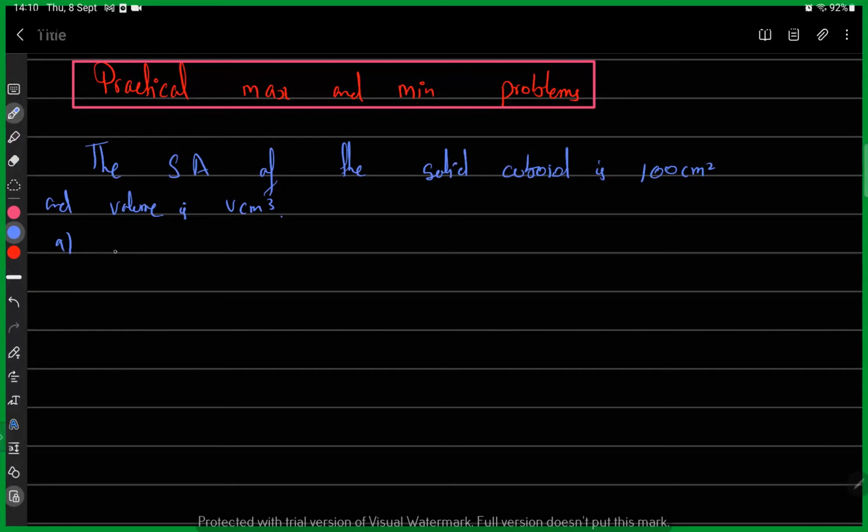Part A says express h in terms of x. I'll talk about h as well. Part B says show that V is equal to 25x minus 1 by 2 x cubed.